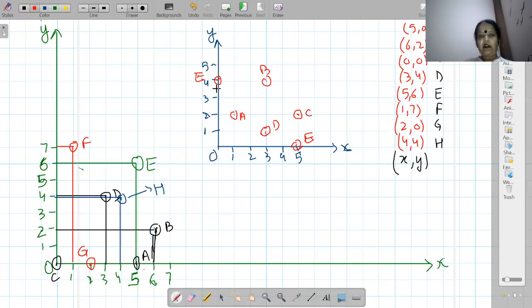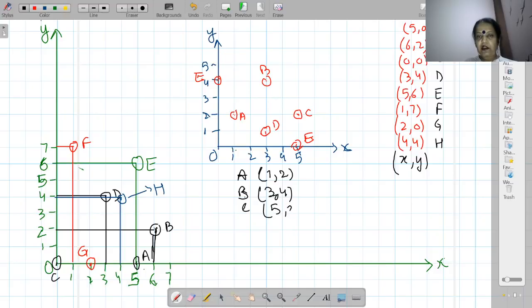So let's see. For A, what will be the coordinate? 1 and 2. Always the x value will be first. For B, the coordinates will be 3 and 4. For C, 5 and 2.